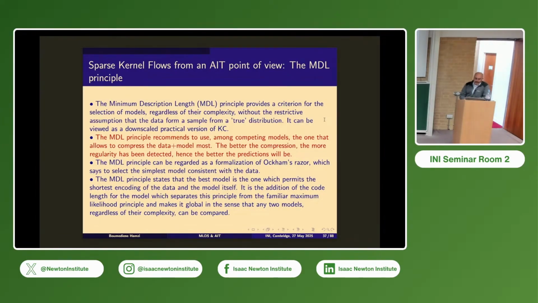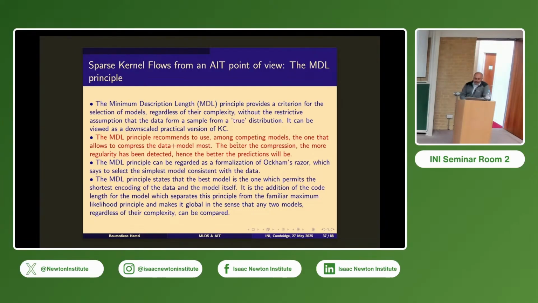It can be viewed as a downscaled practical version of Kolmogorov complexity. The advantage of this principle is that it recommends the compression of both the data and the model. So it's not only about reducing the number of parameters in the model or reducing the data, but both.